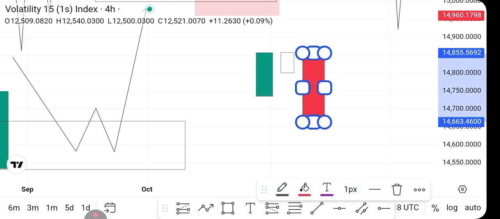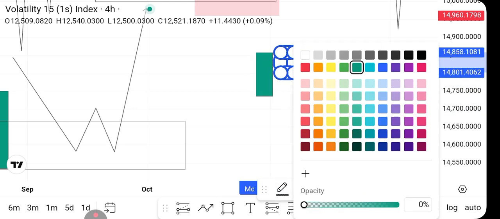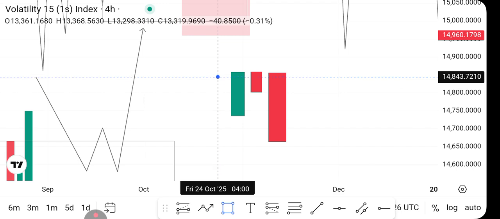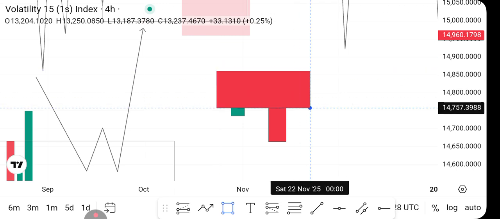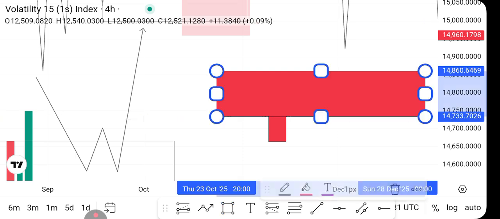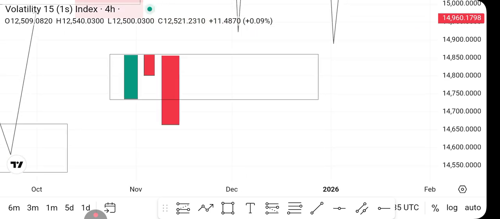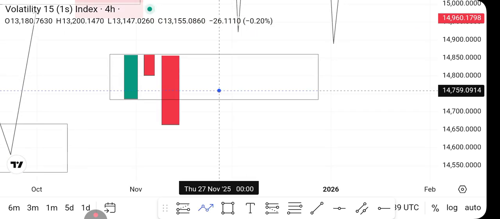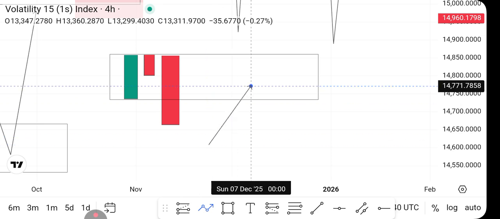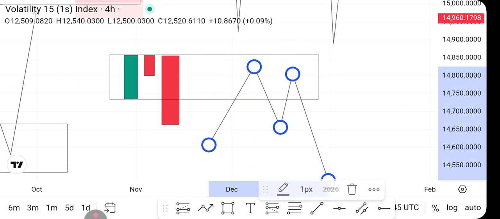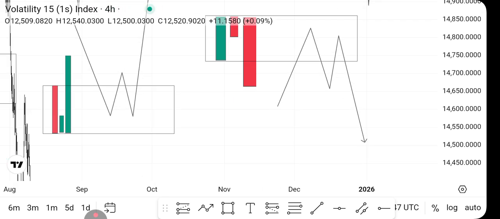You mark it from the green, yes, please. Wait for the market to come into it. The market can sometimes kiss into it. Then you sell. I hope this is clear.